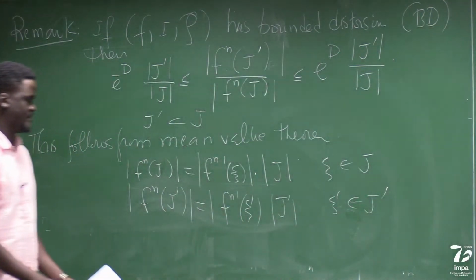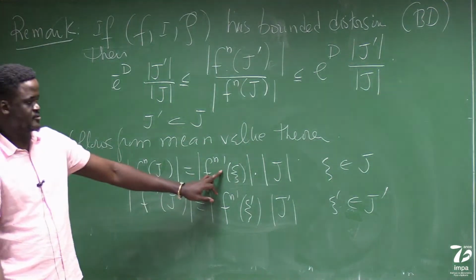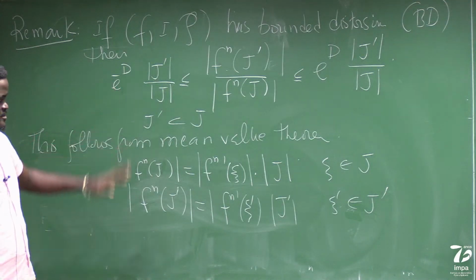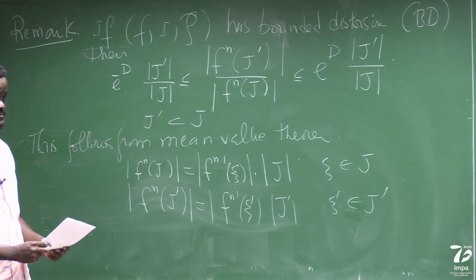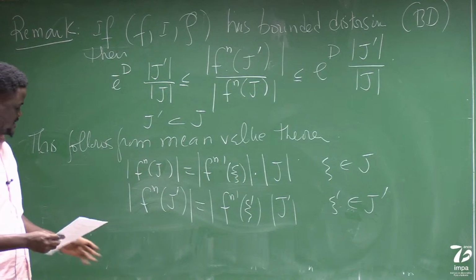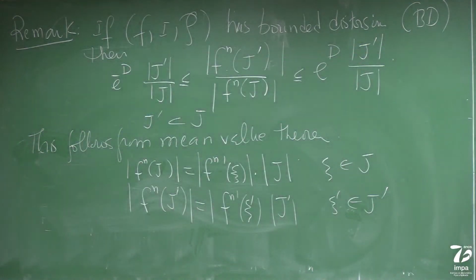This is just the mean value theorem, and then you can do the ratios and use the fact that these two are comparable to get this. Okay, it's just the mean value theorem. All right. So now, why is this condition important? That's what I'm going to write here.